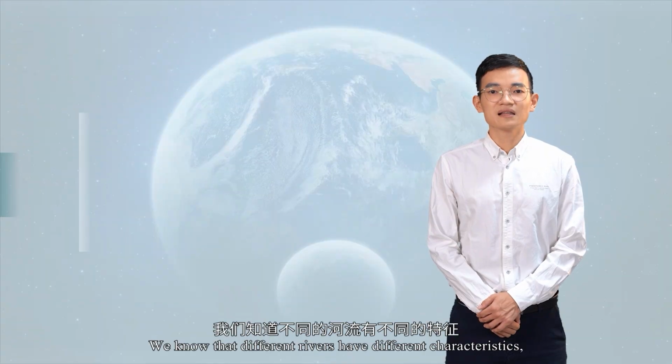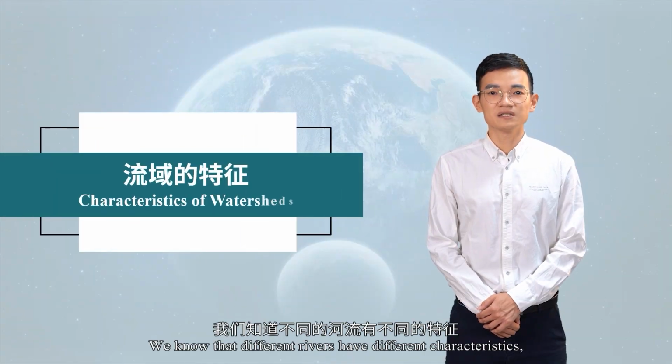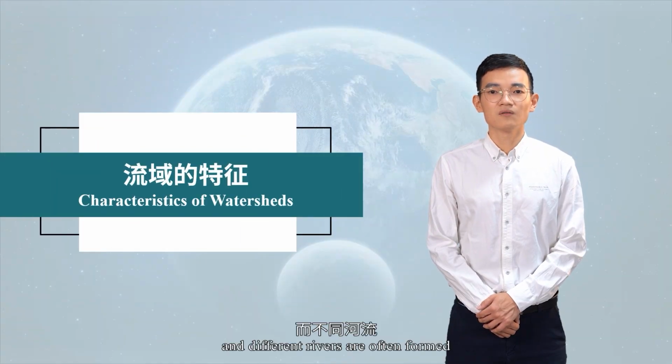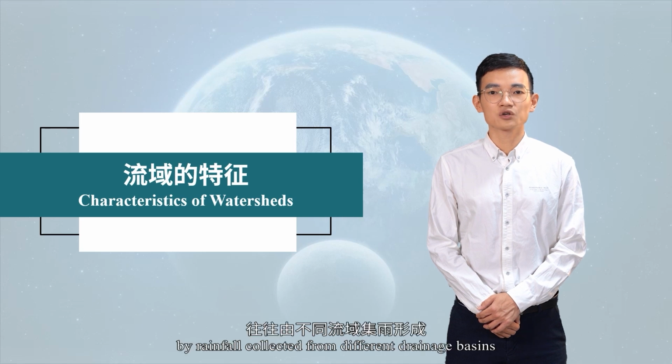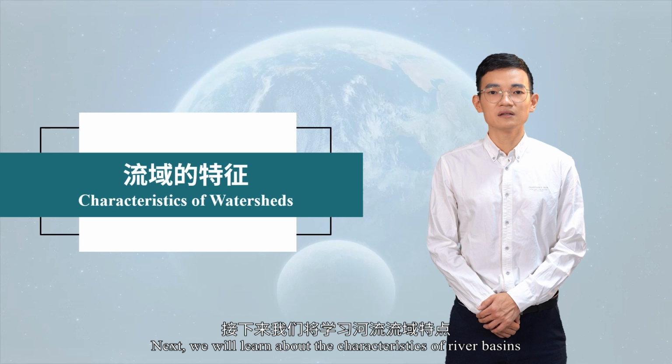We know that different rivers have different characteristics, and different rivers are often formed by rainfall collected from different drainage basins. Next, we will learn about the characteristics of river basins.